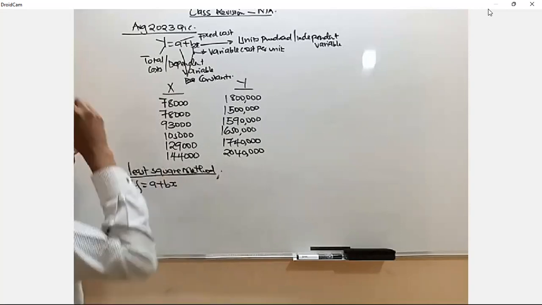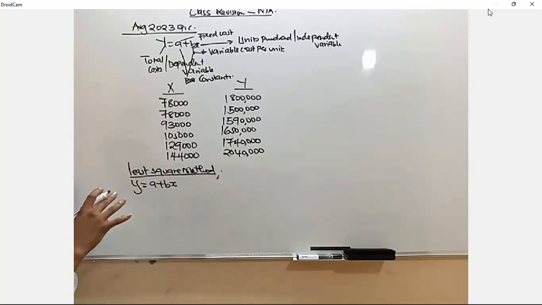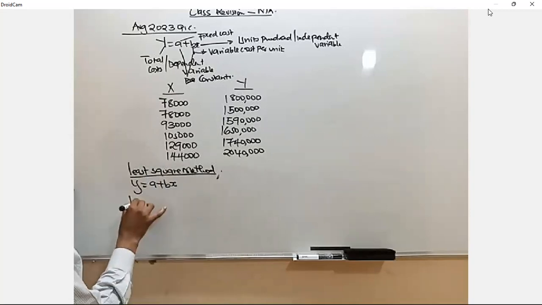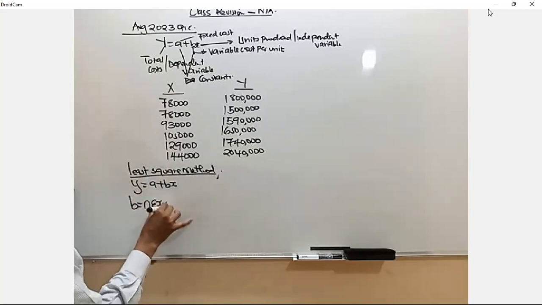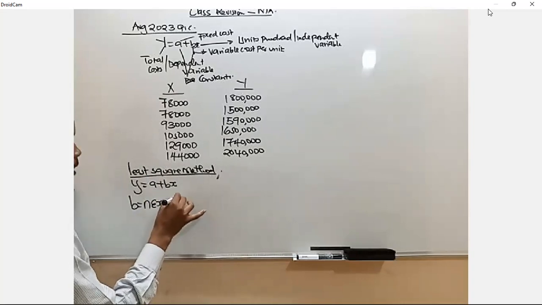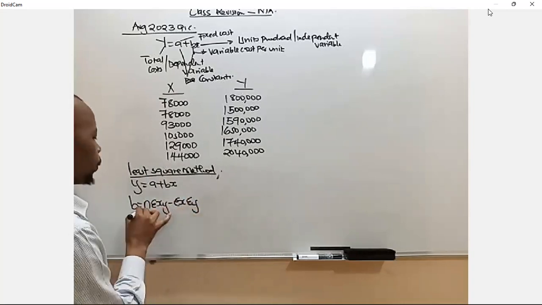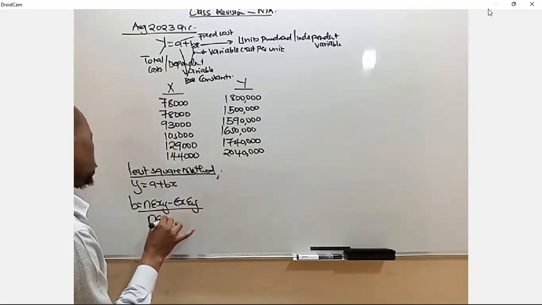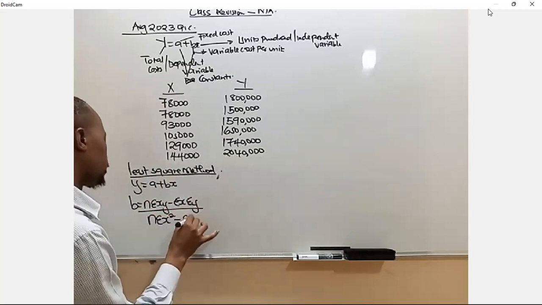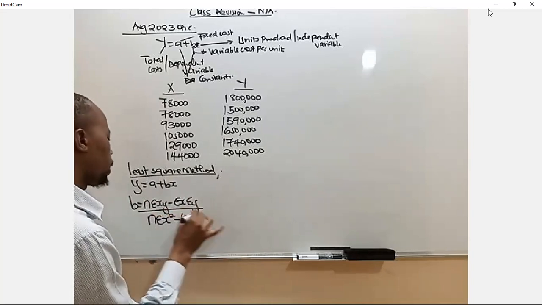To get our b, you normally take n the summation of xy minus summation of x, summation of y. We divide it by n the summation of x squared minus the summation of x in brackets squared.